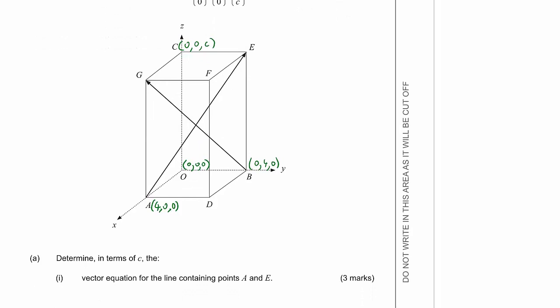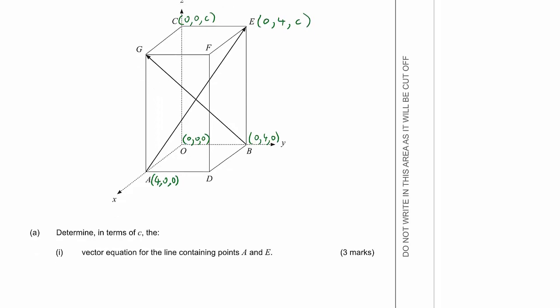Now the first thing we're asked to do is find the vector equation for the line containing the points A and E. Looking at this, we can see the x-coordinate of E is 0, the y-coordinate would be 4, and the z-coordinate would be c.